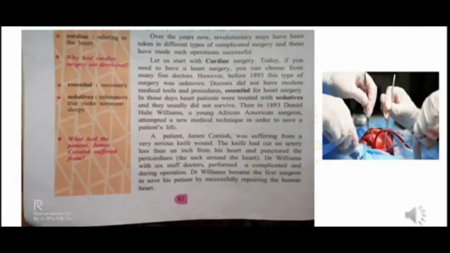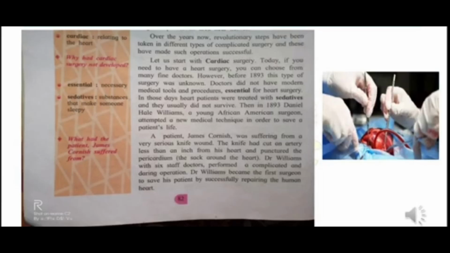The knife had cut his artery less than an inch from his heart, and punctured the pericardium, the sac around the heart. Dr. Williams, with almost six of his doctors, performed this complicated operation, and was successful in repairing the human heart.